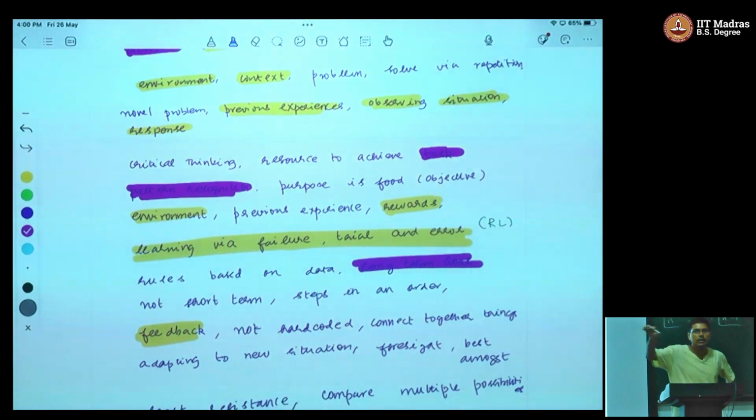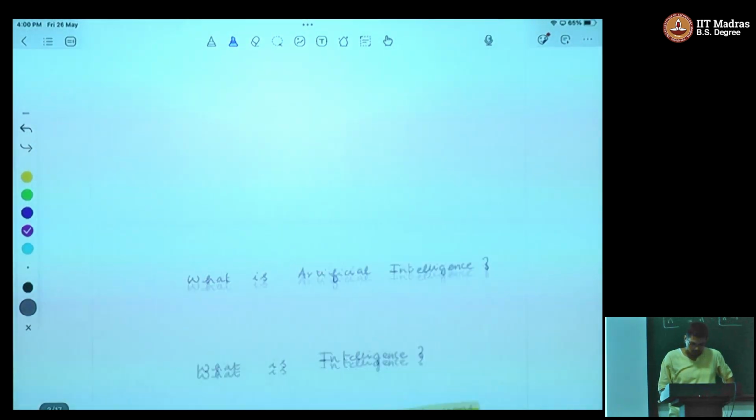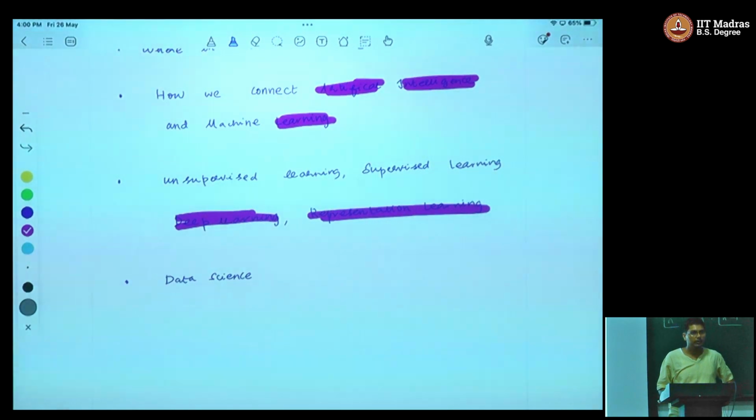You cannot really learn separate values for each and every state, but you have to understand the pattern across the states, and then somehow compress all the information and do the learning, which is where deep learning and representation learning come into the picture, right.